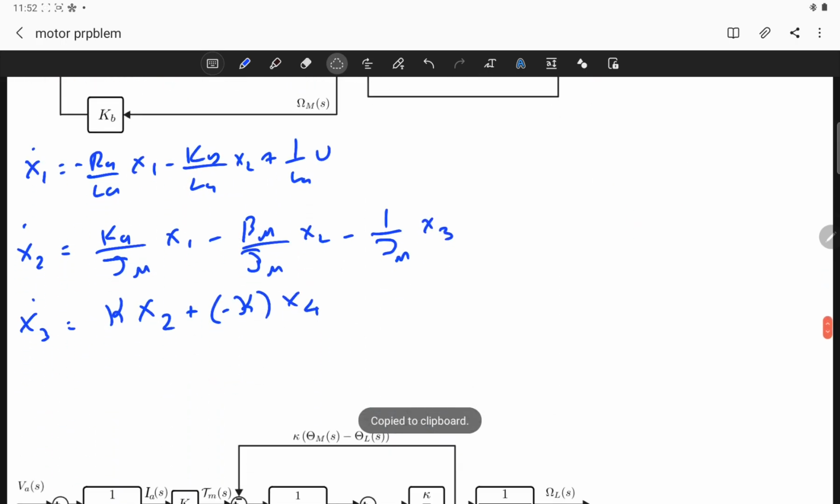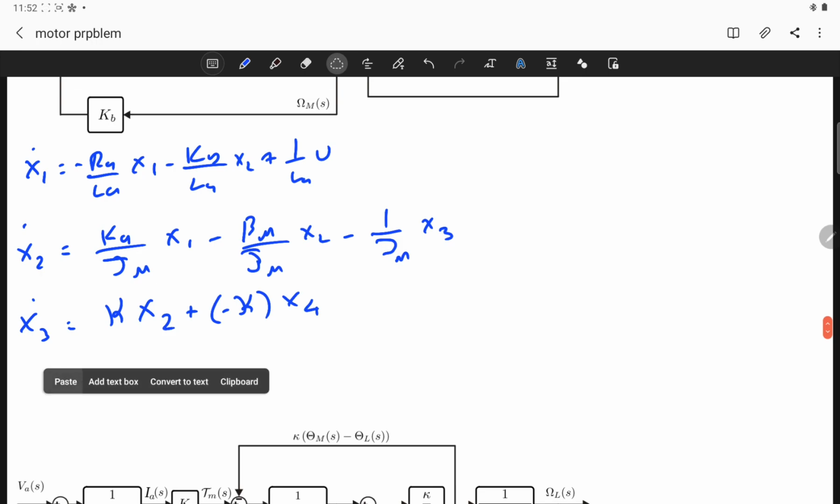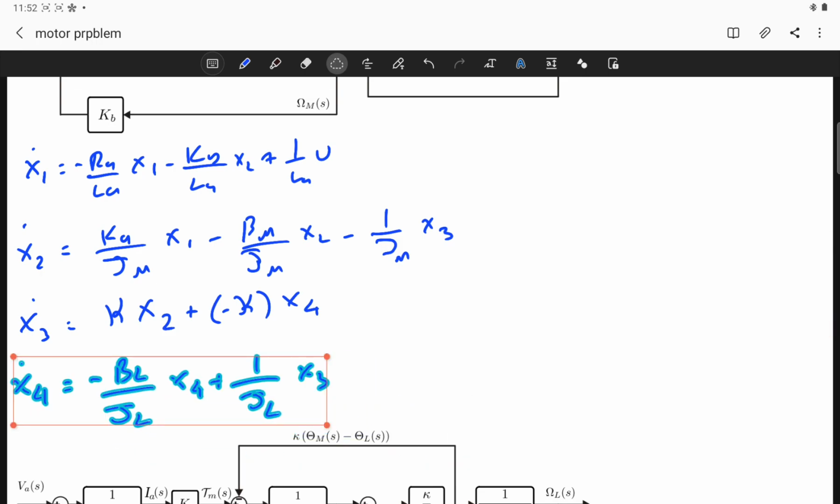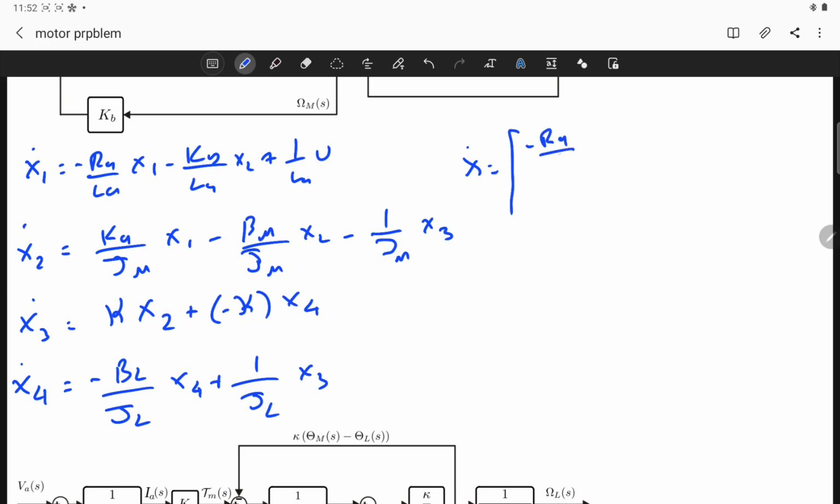Now what we are going to do is gather all of them and find a state update equation, and then finalize with an equation. So x dot is equal to, we have an A matrix, right? So x1 dot depends on x1 with minus RA divided by LA.